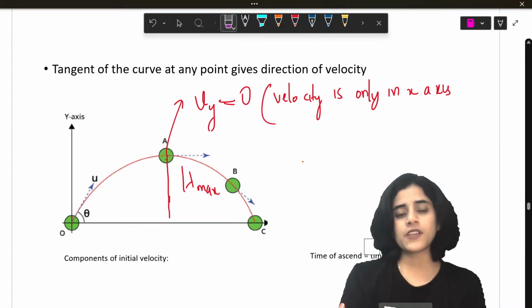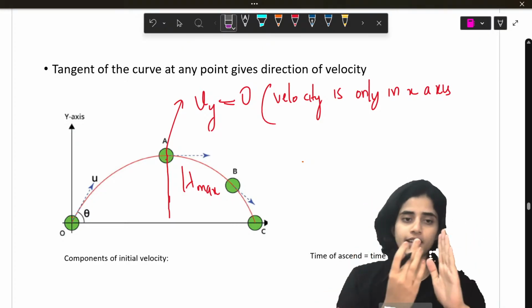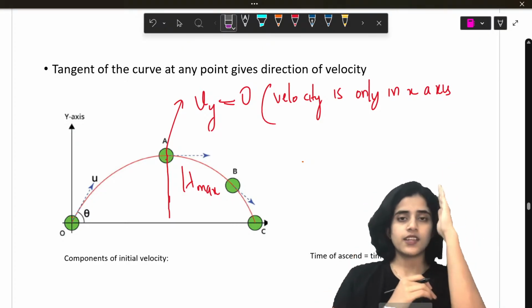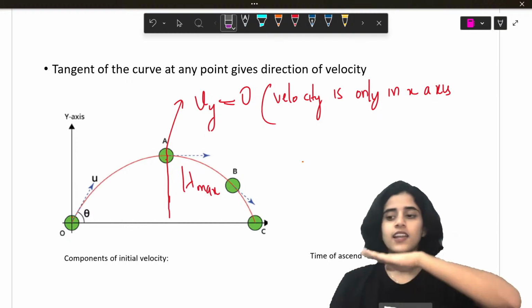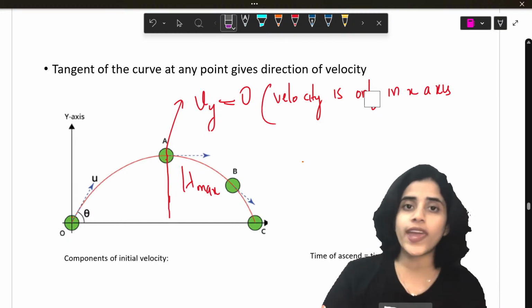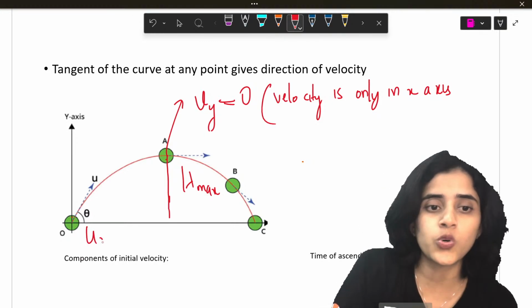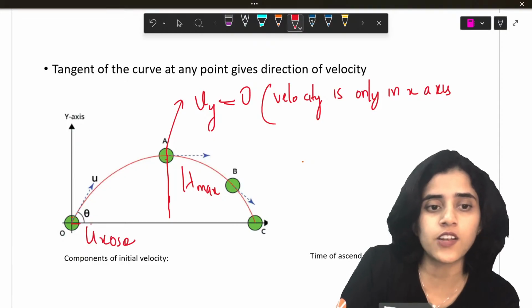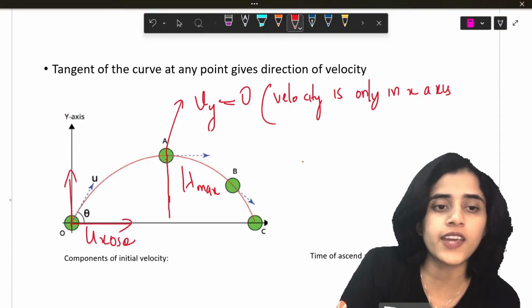Okay, so in this picture, what all did you learn? Now you learned that initial velocity has components along the y-axis and x-axis. Along x-axis, it is u cos theta. Along y-axis, it is u sin theta.